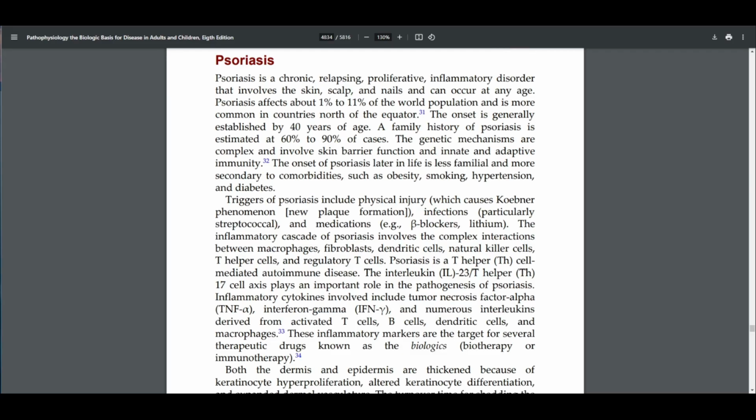Psoriasis is a chronic, relapsing, proliferative inflammatory disorder that involves the skin, scalp, and nails, and can occur at any age. Psoriasis affects about 1 to 11% of the world population and is more common in countries north of the equator. The onset is generally established by 40 years of age.